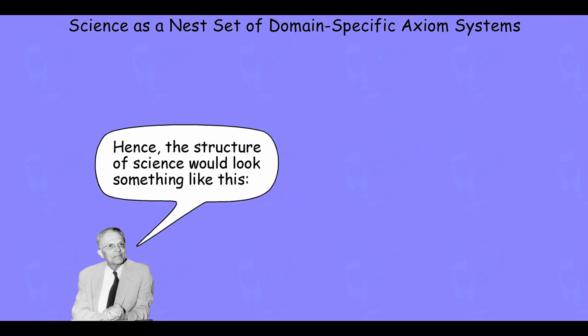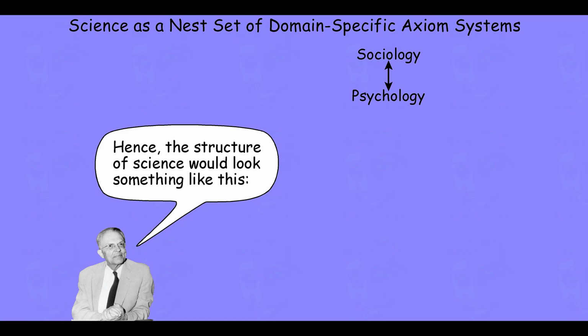Hence, the structure of science, according to the unity of science, is going to look something like this. Every legitimate science that has covering laws collected together into domain-specific axiom systems, like, say, ideally, sociology, will have those systems reduced to the covering laws of domain-specific axiom systems in the next lower science.